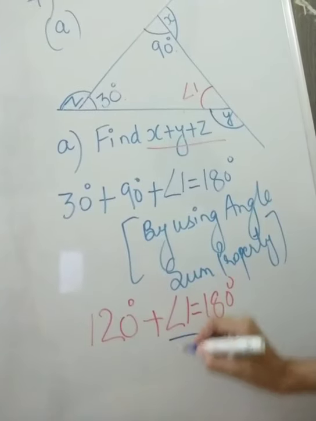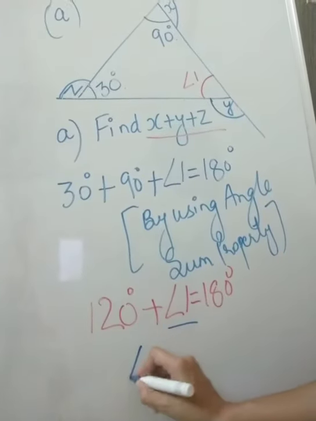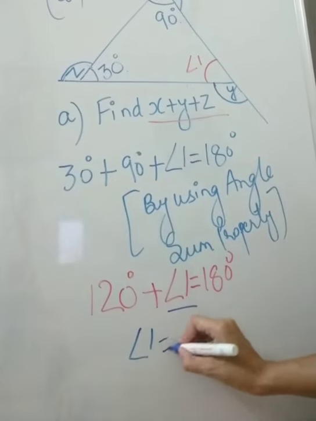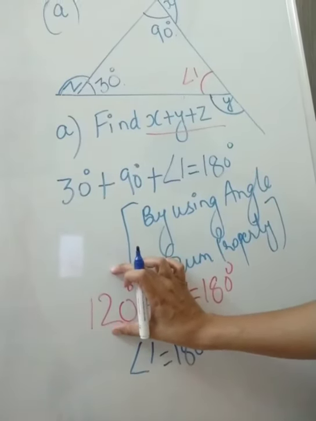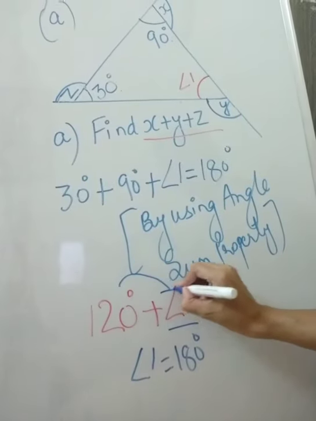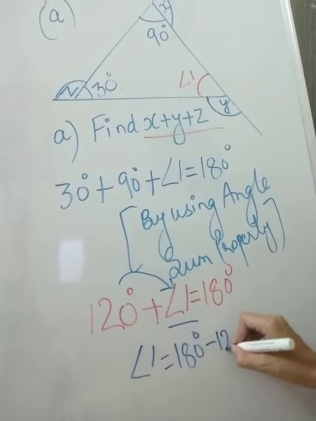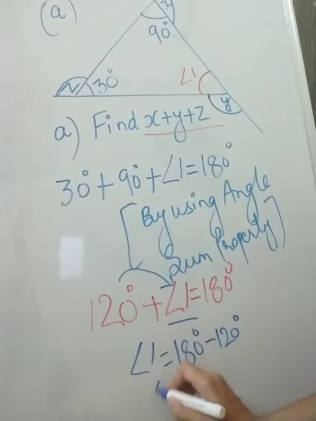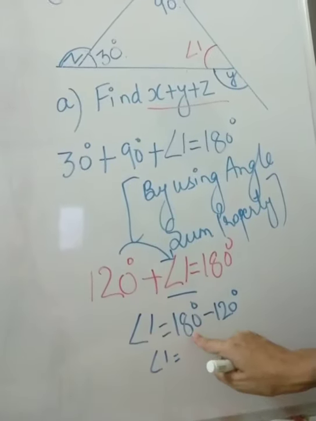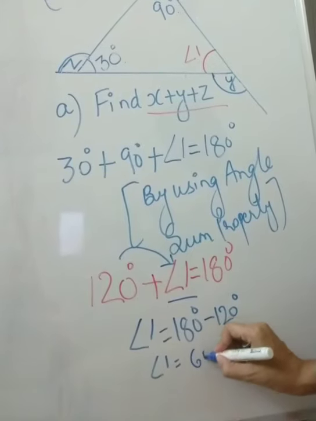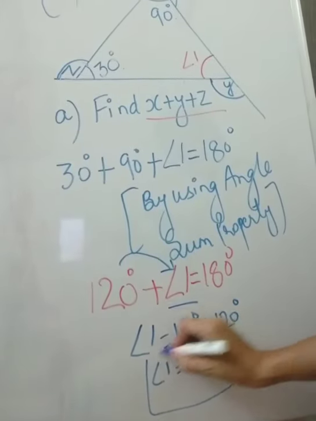Now how will we get angle 1 value? Angle 1 is equal to 180 degree. This 120 which is on the left hand side, when it moves to the right hand side, it will become minus 120 degree. So angle 1 is what student? 180 minus 120 is what? 60 degree.